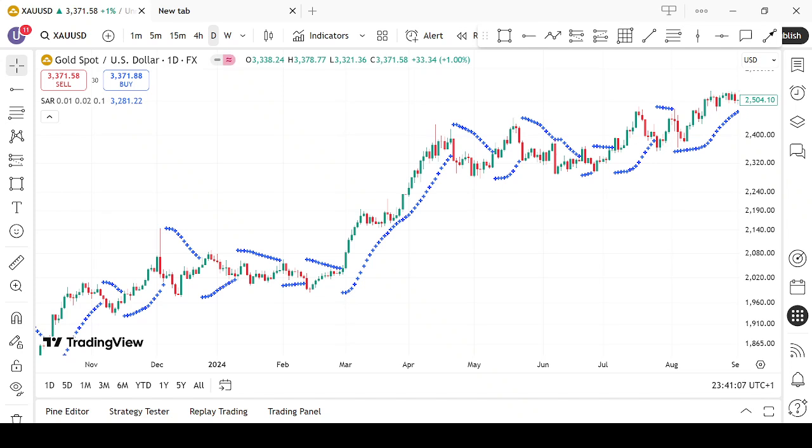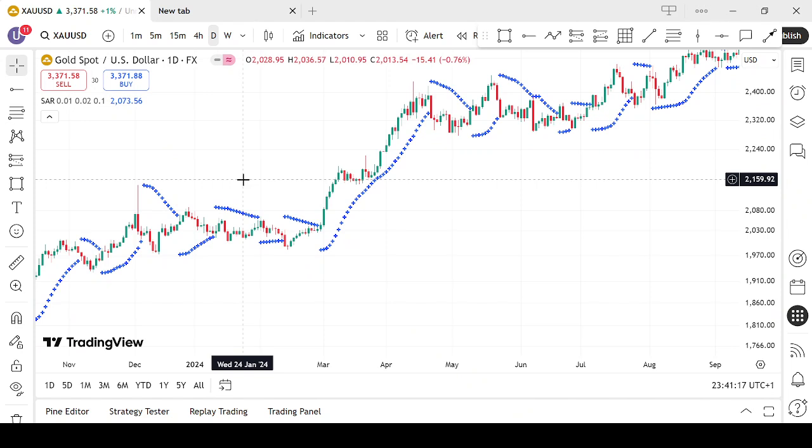Remember, day trading is basically catching moves within the day. So we'll use our 1 minute, 5 minute, and 15 minute charts, which will be ideal for day traders to seek and capture quick market movements.